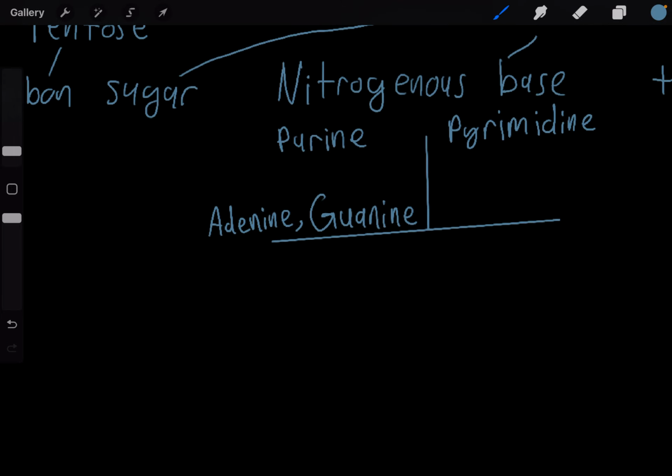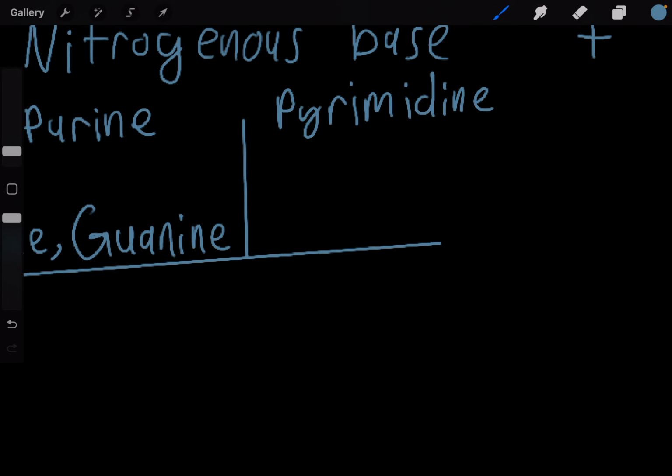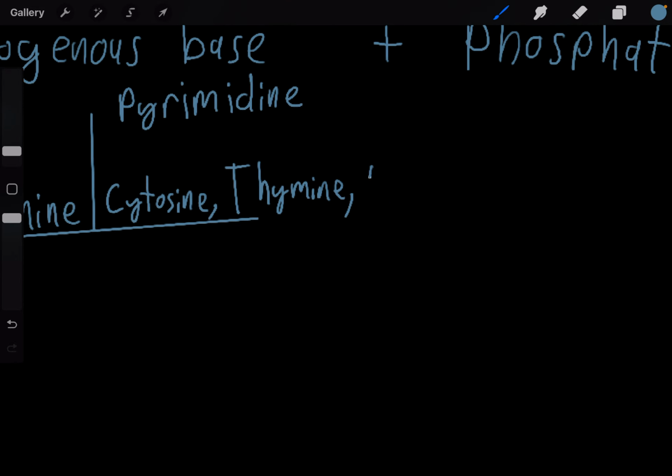And then the rest are pyrimidines. So that's how you remember: pure as gold. The only two that are purines are adenine and guanine, and the rest are pyrimidines. So one would be cytosine, one would be thymine, and the other one would be uracil.